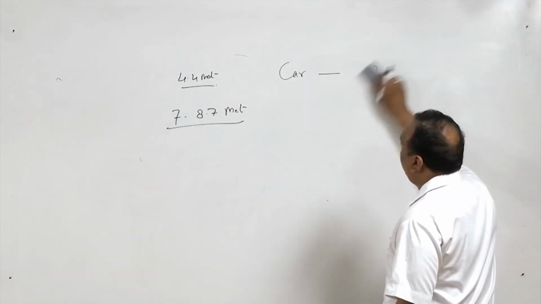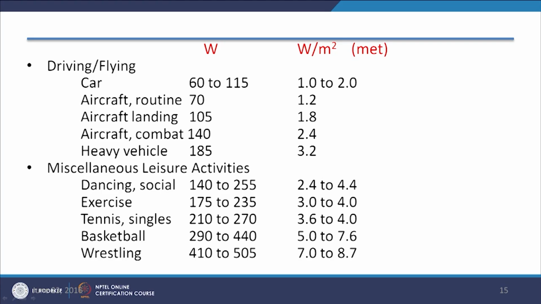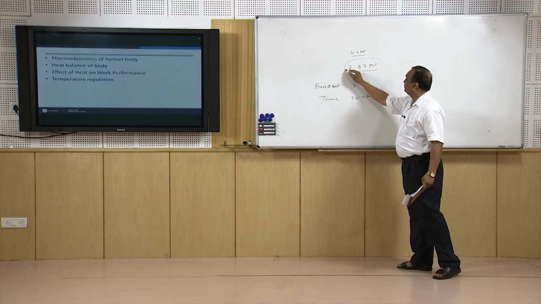Basketball is 5 to 7.6 met. Singles tennis can go up to 3.6 to 4 met. So for different activities there are different energy levels, but for wrestling it is very high.